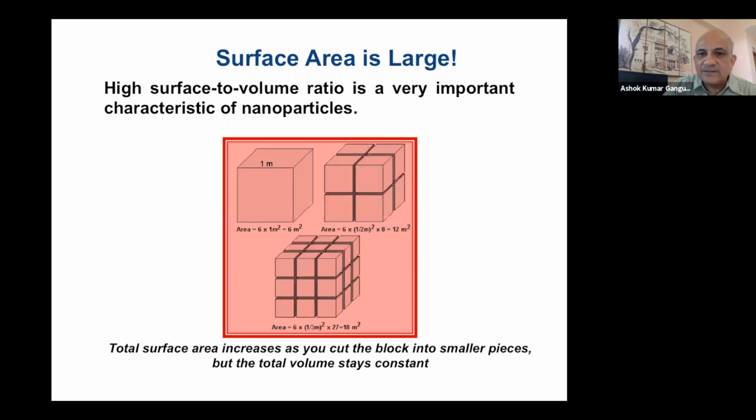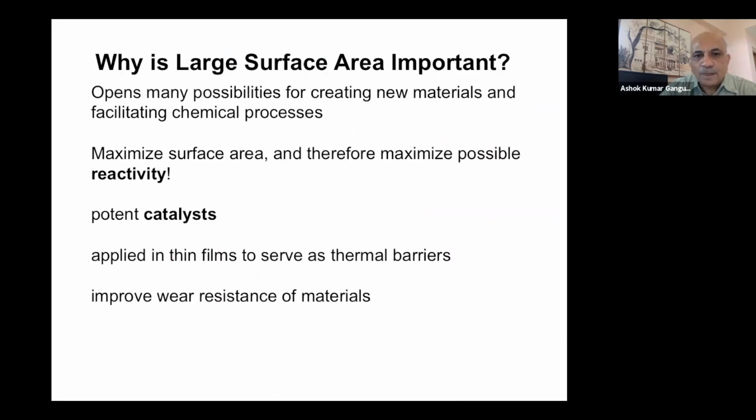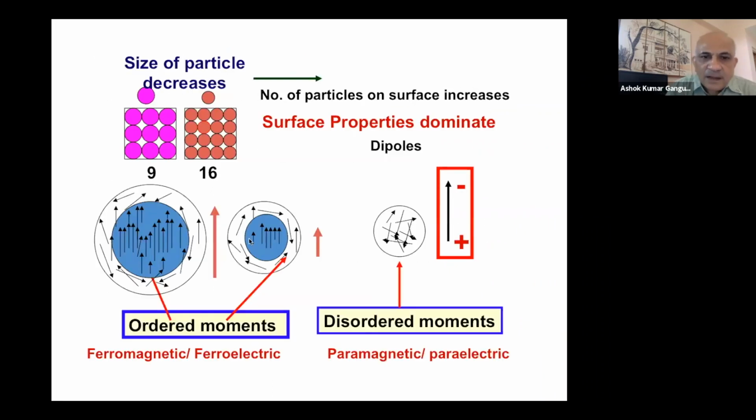So surface area is important, because if I have 1 cube of 1 meter, I have less surface. If I cut it into small pieces, the same material will have so many exposed surfaces, and so surface area will increase. All the things which happen on surfaces will increase. That means reactivity will increase. Another thing will increase when surface area increases.